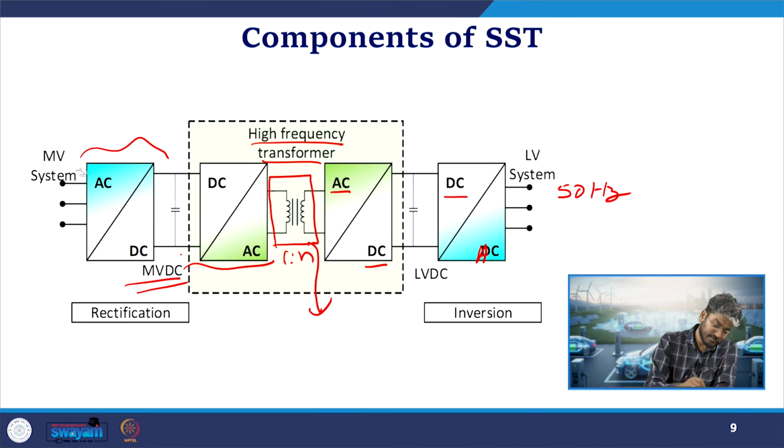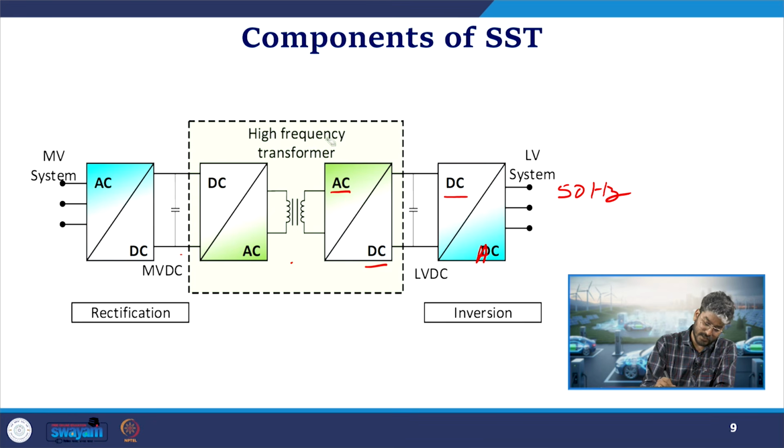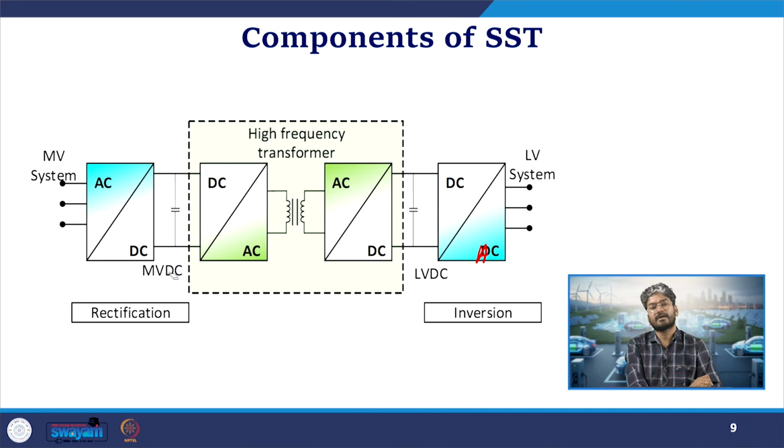If you compare transformers operating at conventional frequency and the other one operating at high frequency, I will observe that the size of the high frequency transformer will be very less for the given power rating, and it can also eliminate the forced oil cooling.